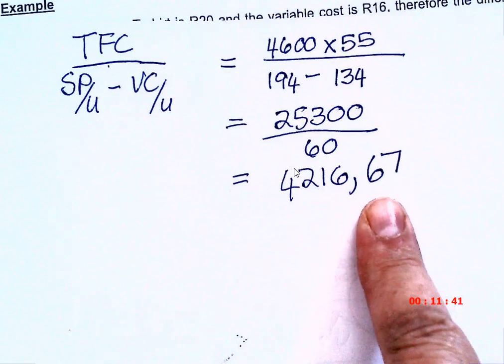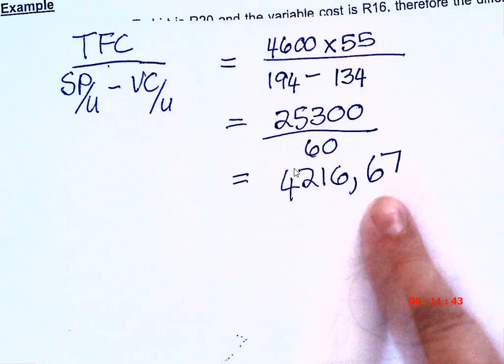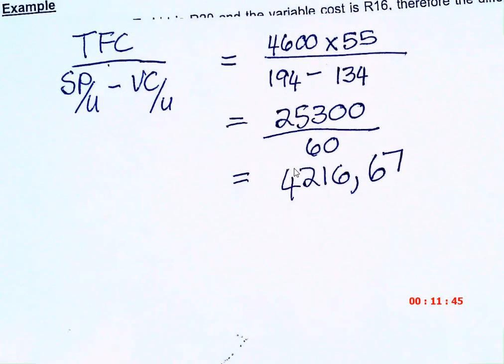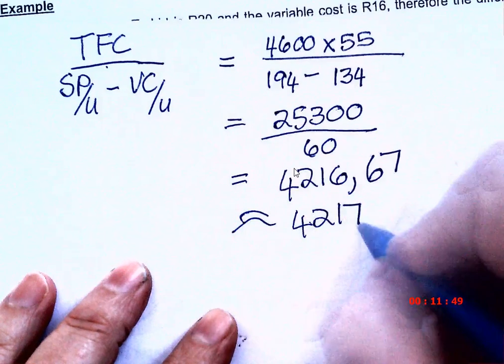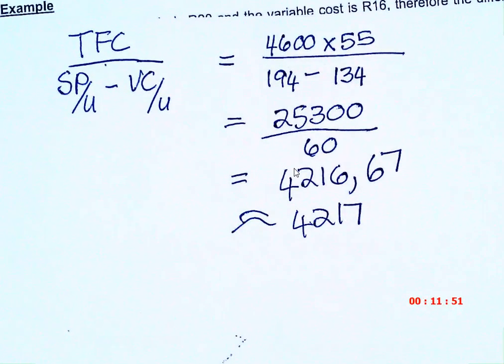I can't sell it. I first need to finish it before I can sell it. So you're going to say this is 4217 boots. We need to produce 4217 pairs, and then I only start making a profit. Can you see? Yo, this is intense, right? Can you see it's a high cost thing?